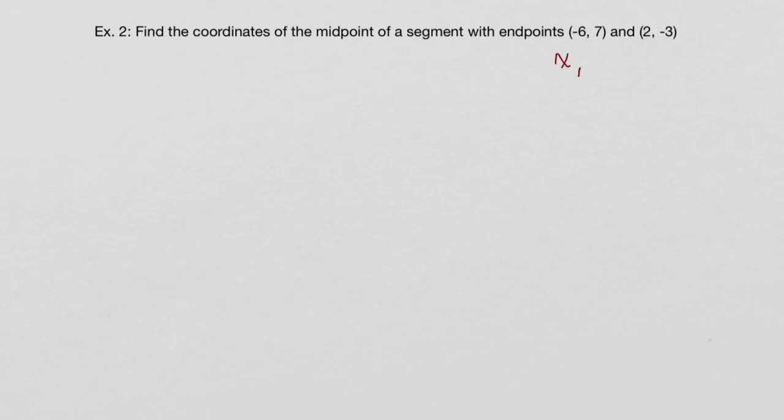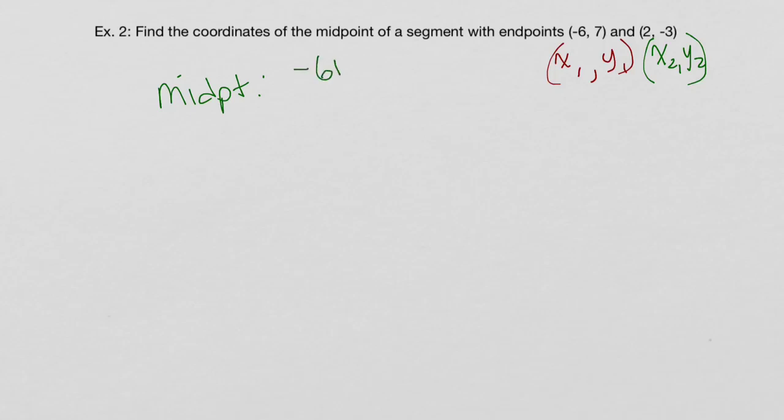So I'm going to call the first one (x1, y1), and I'm going to call the second one (x2, y2). That's just so I can know what numbers to plug in. And for the midpoint, again, I'm just finding the average of the x-coordinates. So negative 6 plus 2 all over 2, just like you would find the average of 2 test grades.